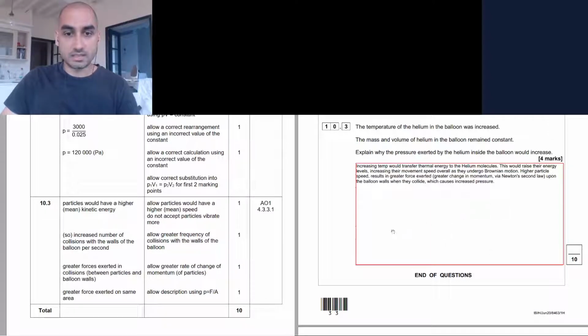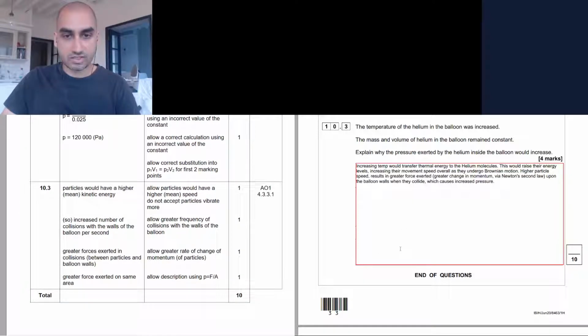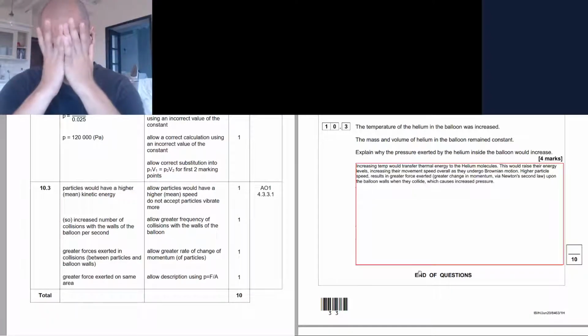Yes, mean speed, yes. So increased number of collisions, yes. Greater forces exerted in collisions. Greater force exerted on same area. Same. What do they mean by same area? Because it wouldn't be. Well, it would.